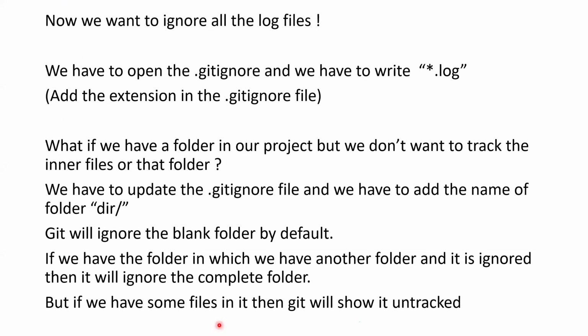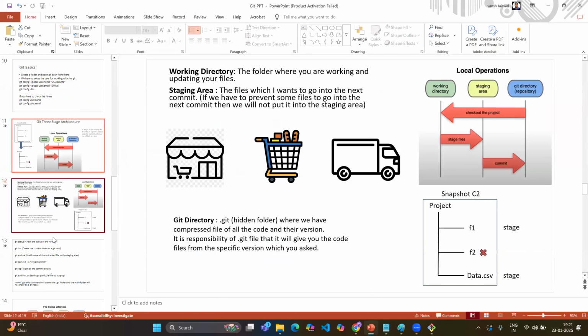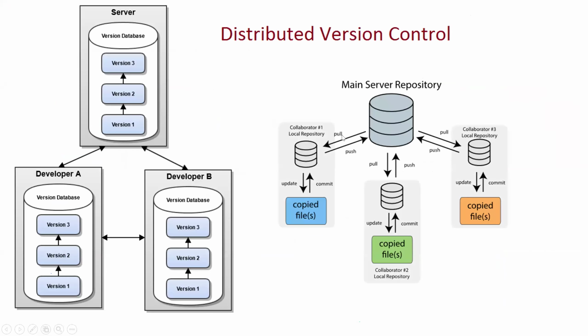If you remember this diagram, in it we have a pull and a push. We studied this. There is a main server repo. From there, we can create a copy of it in our local, which is what I did yesterday with git clone.